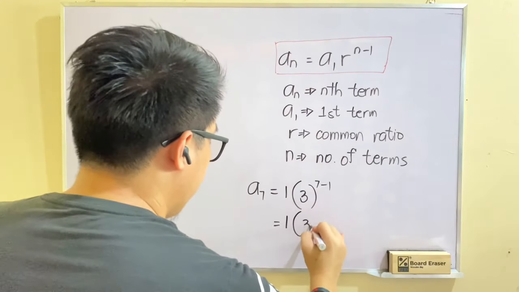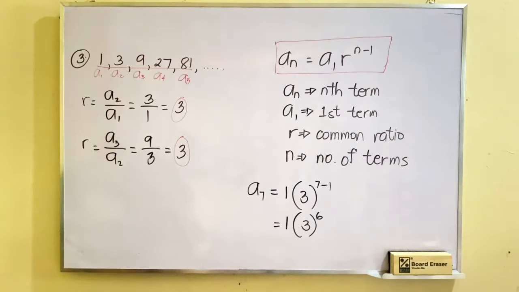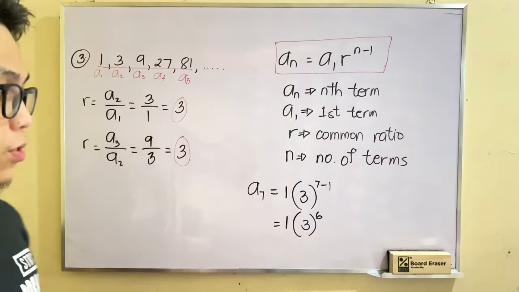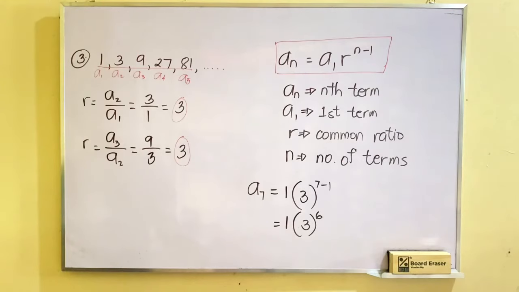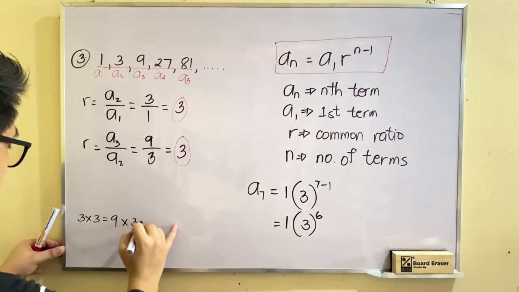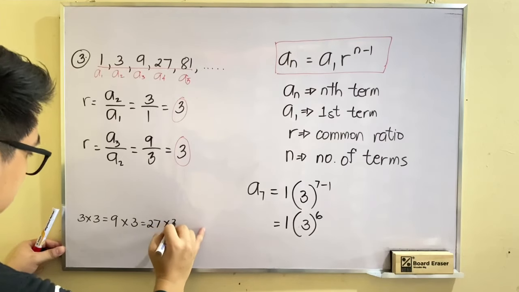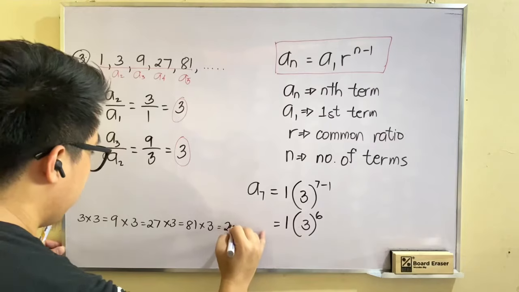1 times 3, 7 minus 1 is 6. So, 3 raised to 6. Paano natin sosolve yan? Yung 3, i-times mo sa sarili niya ng 6 na beses. So, 3 times 3 is 9 times 3, 27 times 3, 81 times 3, 243.